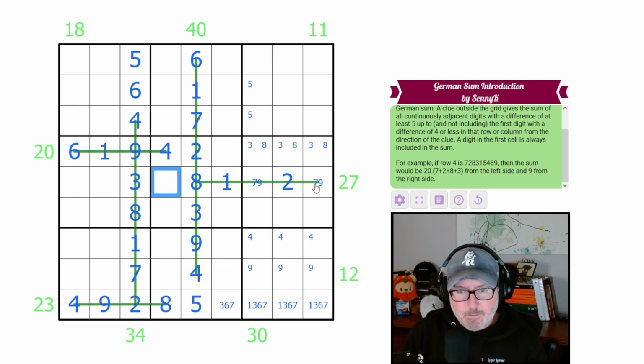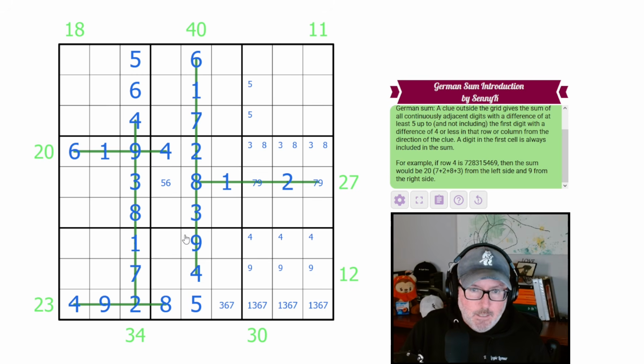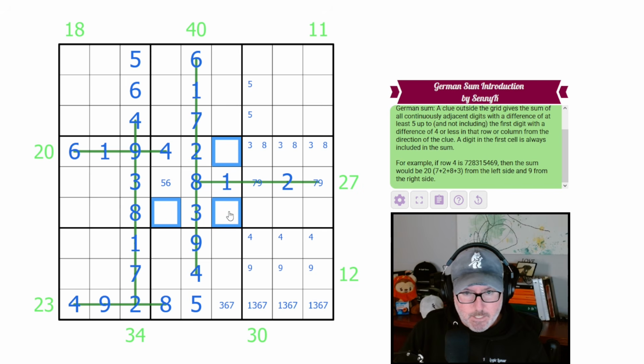We can't do 7 or 9, so it's either 5 or 6. And we can also start thinking about these 2, or these 3. And we just know one of those will be a 9, I guess. I don't know how helpful that's going to be.